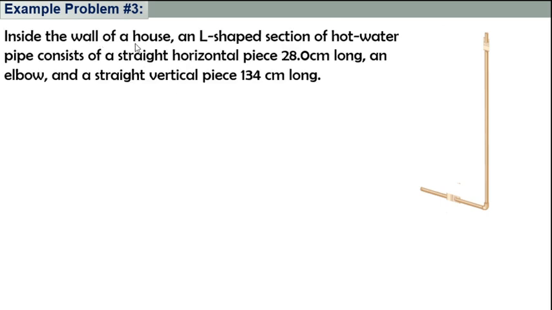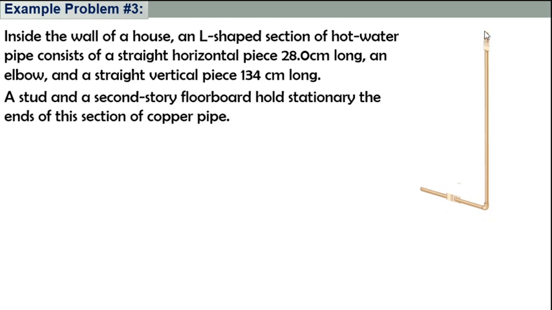Example problem number 3. Inside the wall of a house, an L-shaped section of hot water pipe consists of a straight horizontal piece 28.0 cm long, an elbow, and a straight vertical piece 134 cm long.